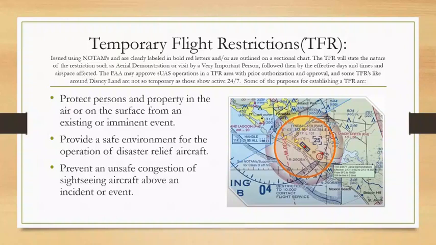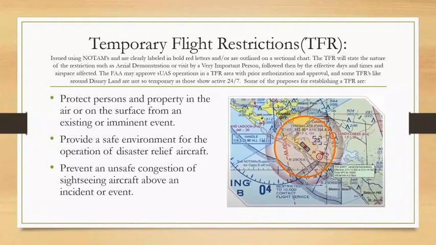The FAA may approve sUAS operation in a TFR with prior authorization and approval, and some TFRs, like around Disneyland, are not temporary, as those shows are 24/7, where they always have the nightly fireworks shows out there.